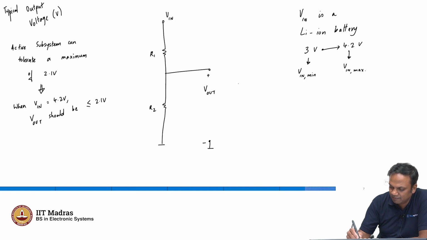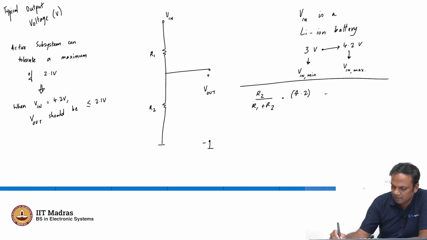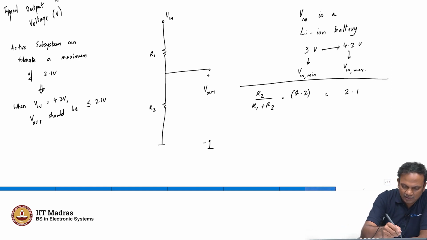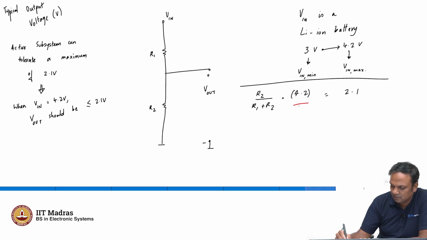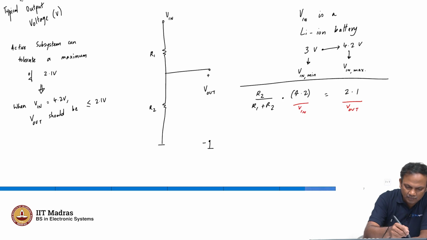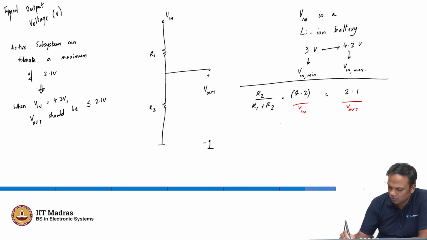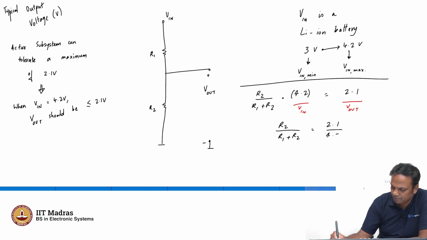So, we have as a result R2 divided by R1 plus R2 into 4.2 equal to 2.1. This is V in, this is V out. So, R2 by R1 plus R2 is 2.1 by 4.2, which is half.